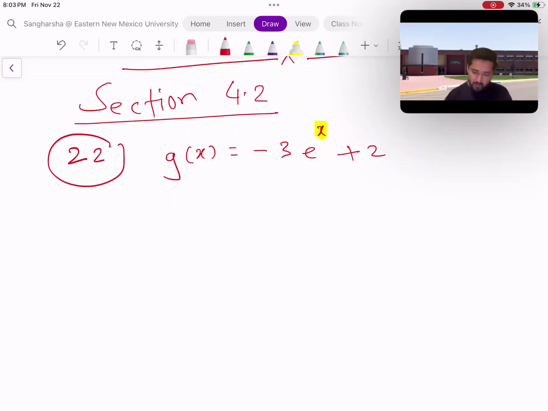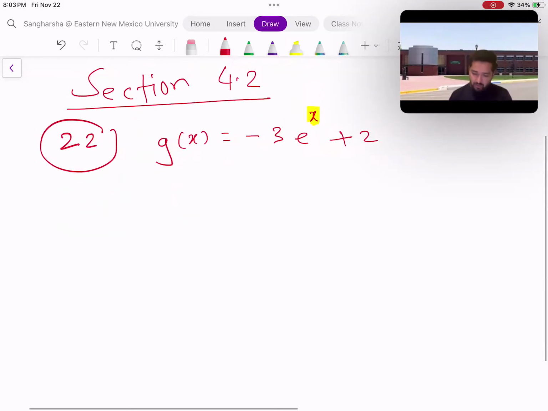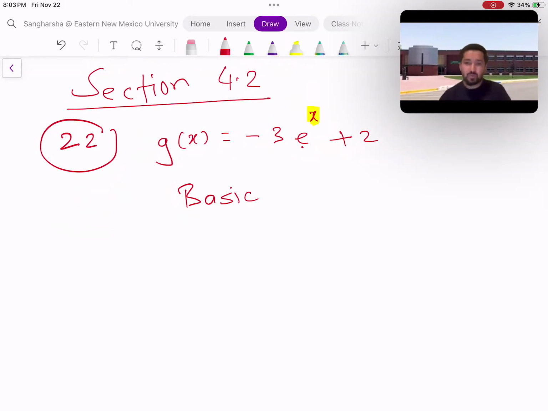And for this exponential function, the base is e. So you need to use the transformation, okay? On your exam, you will be asked to use the transformation to graph this function. So you are not finding a list of points and plotting, you are using the transformation.